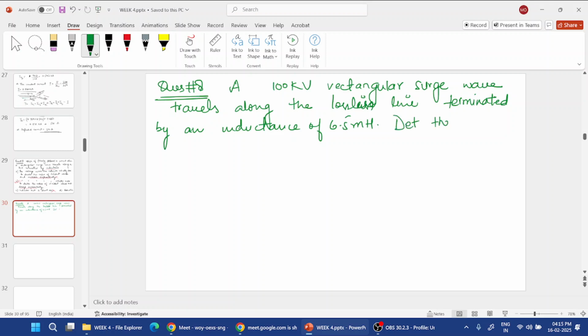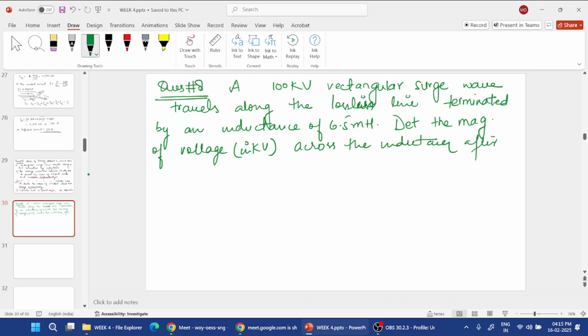Determine the magnitude of voltage in kV across the inductance after 10 microseconds, if the surge impedance of the line is 250 ohm.